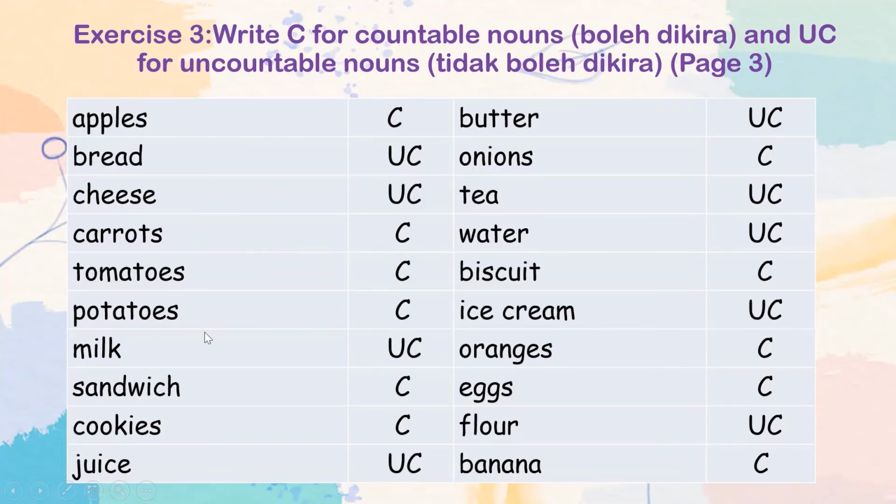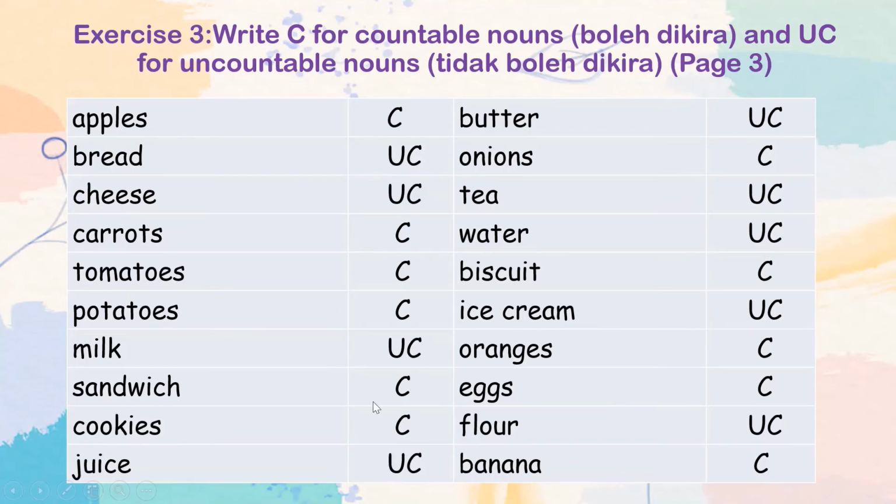Tomatoes, countable. Potatoes, kentang, okay, is countable. Milk, okay, susu I've told earlier that it's uncountable, but the milk in a bottle, kalau di dalam botol, botol itu boleh dikira a bottle of milk, but the milk itself is uncountable.